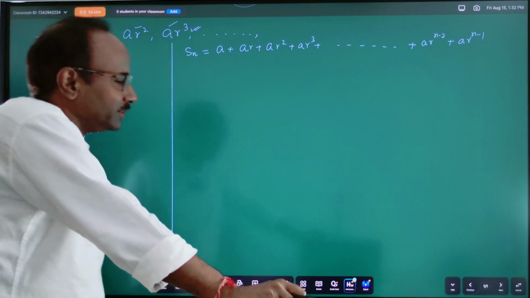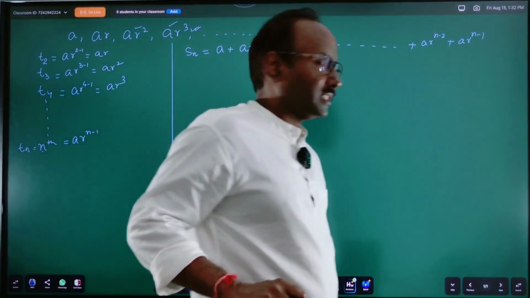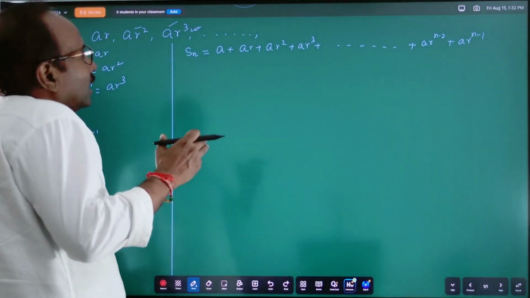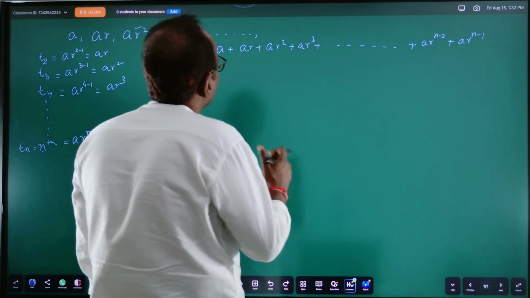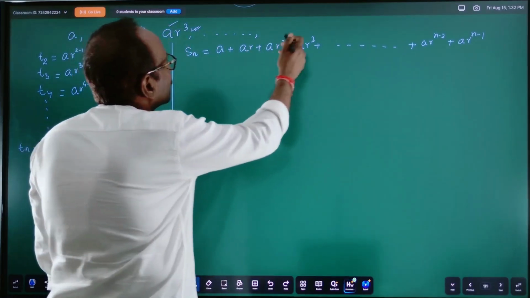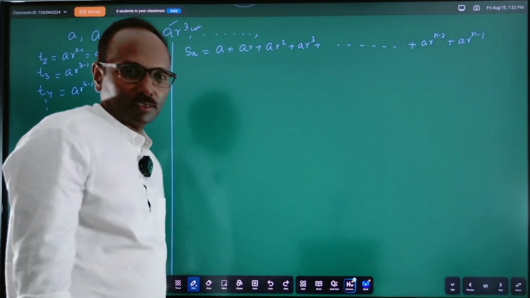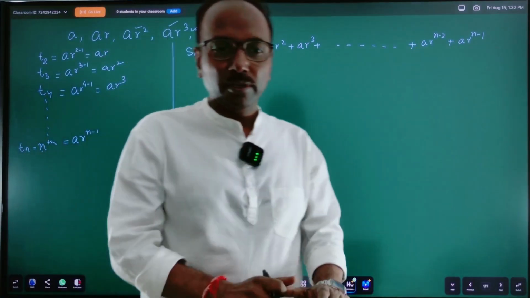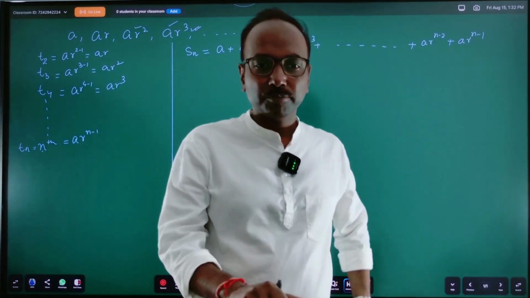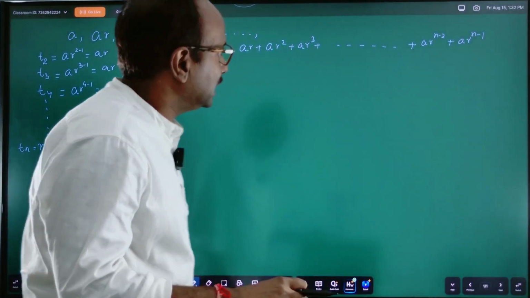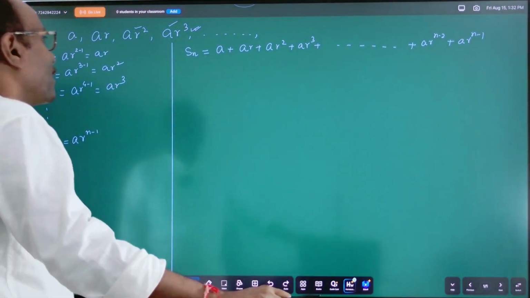We should find a way by which we are able to cancel out most of the terms and reduce it to 2 or 3 terms, so that it will become easier to sum up.